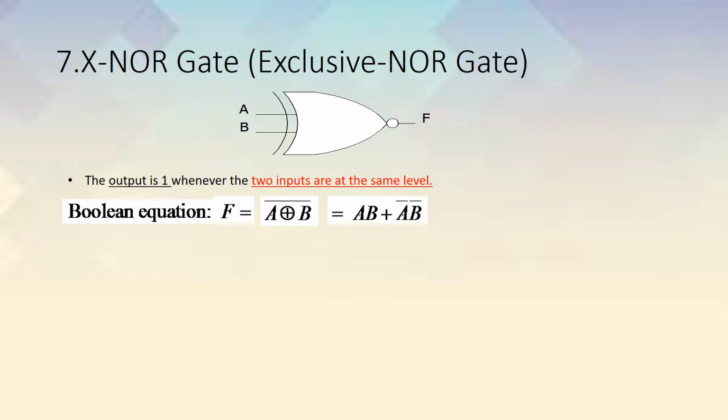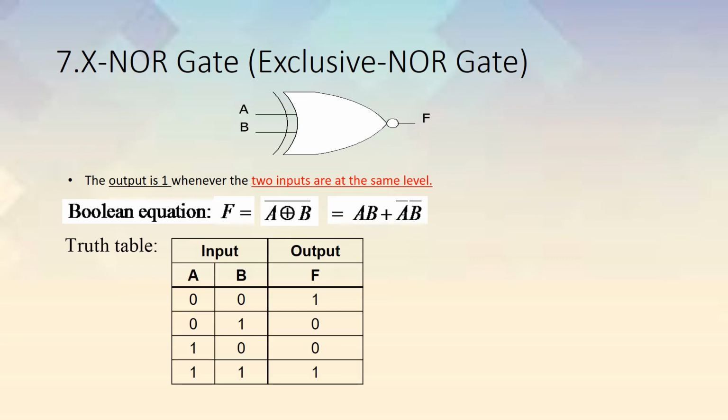To understand, we go to the truth table. Look, we also get 4 possibilities of the input values. If the input values are the same, like A is 0, B is 0, the output must be 1. Also, the value of 1.